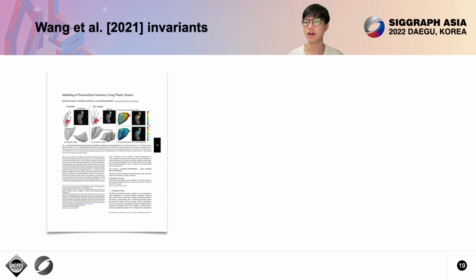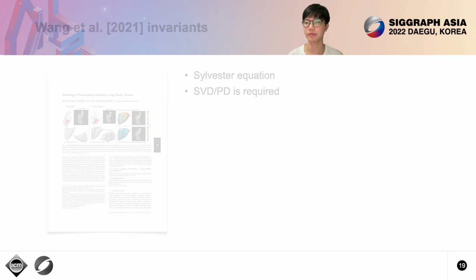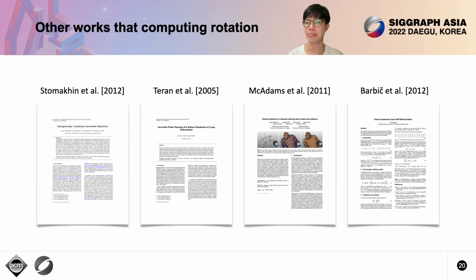Another work, Wang et al., instead, used a tensor formulation to calculate the Hessian using the eigen-vector equation, but it also requires numerical SVD or PD. There are also some other works that involve computing rotation from the deformation gradient in some forms, but all of these methods depend on numerically factored rotation.